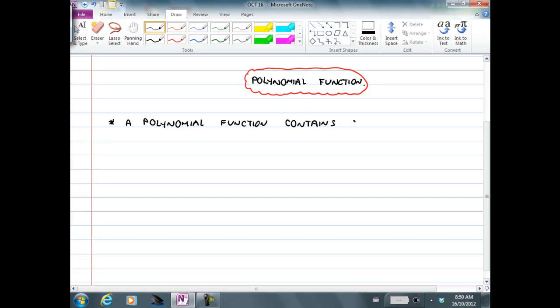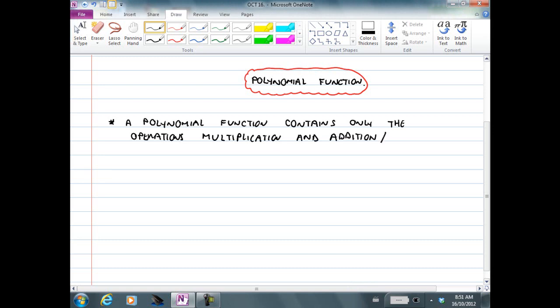Only the operations multiplication and addition slash subtraction.